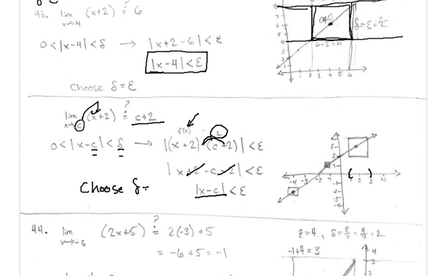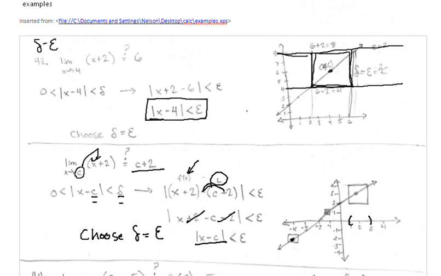delta equal to epsilon. So if c was negative 4 up here and I did all the same work out again, I would find that delta was still equal to epsilon in this case. If c was equal to negative 1, I would do all the work out and I would find the same thing. And if c was equal to 2, that's the example that we did last time, right?